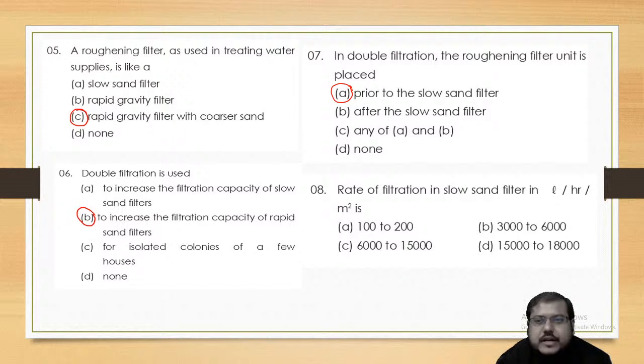Rate of filtration in slow sand filter is in between 100 to 200 liter per hour per meter square. We have discussed already.